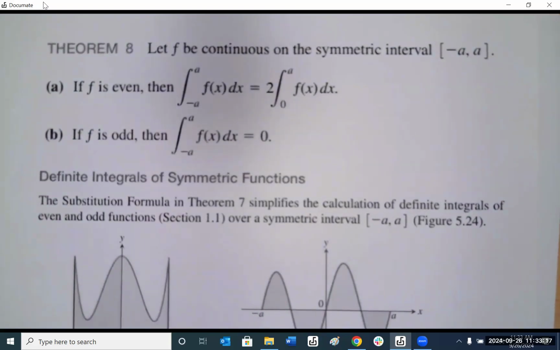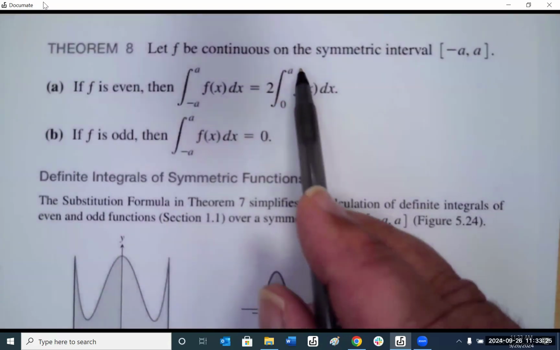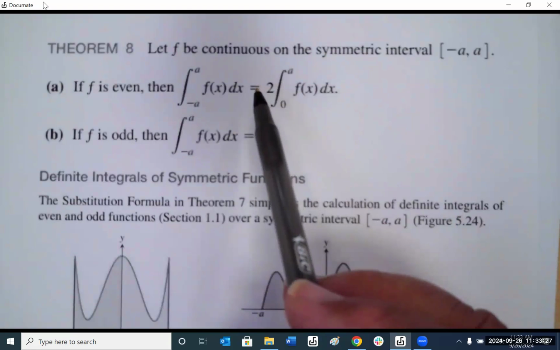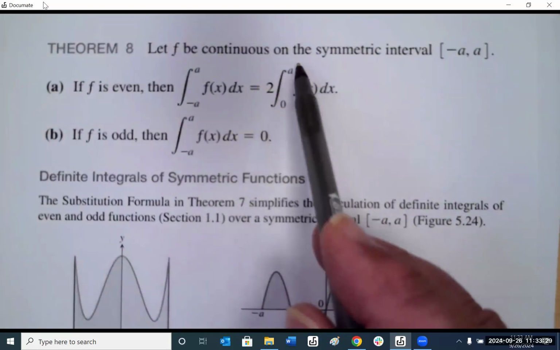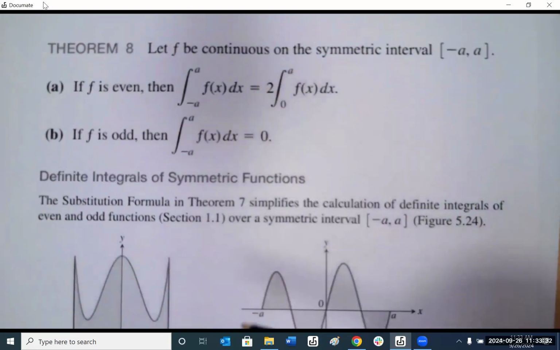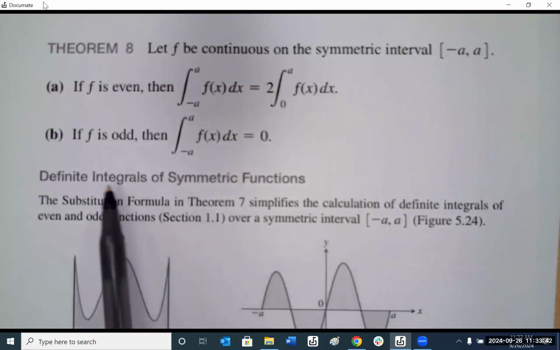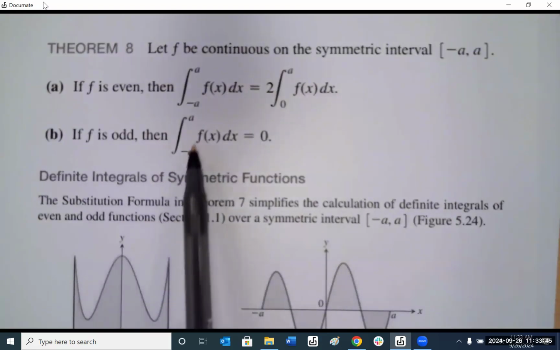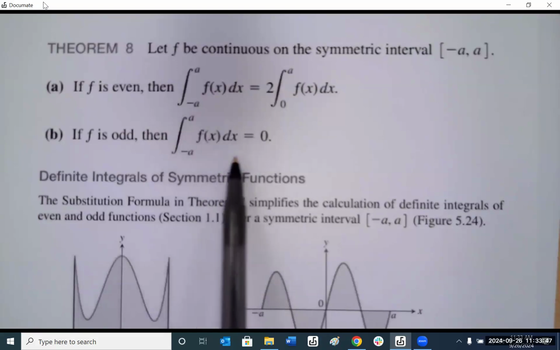If f is even, then the integral from negative a to a of f of x dx is twice the integral from 0 to a. Why is it from 0 to a? Because it's symmetric. It's going to be the same on both sides of the y-axis. So it's twice 0 to a. If f is odd, then we go from negative a to a, and it becomes 0.